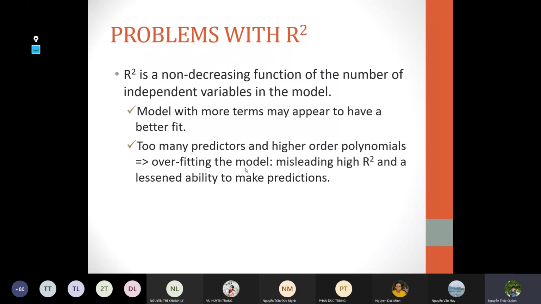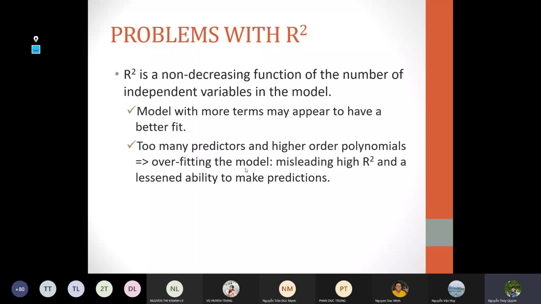It tells us about how the sample regression model fits the sample data, and it does not tell us anything about how the sample regression model fits the population, or how the population regression model fits the population. It just tells us about how the sample regression model fits the sample data.